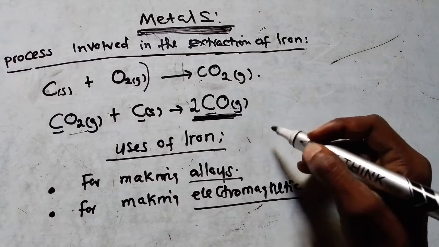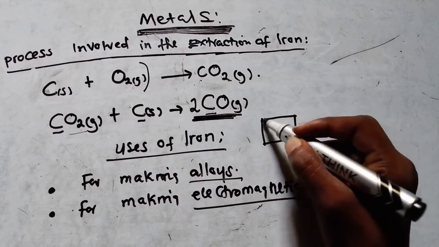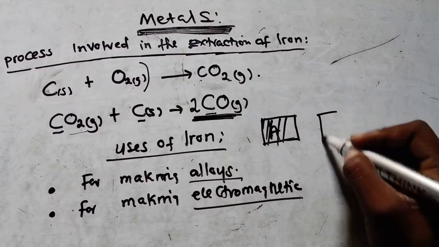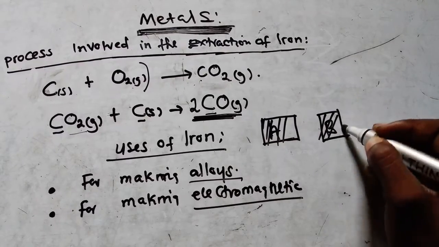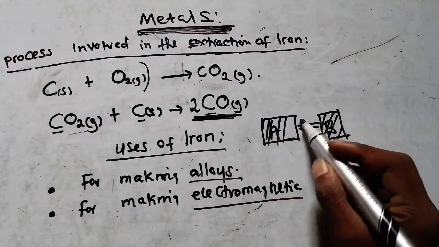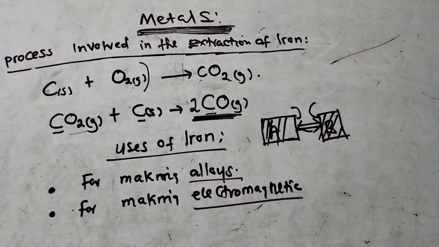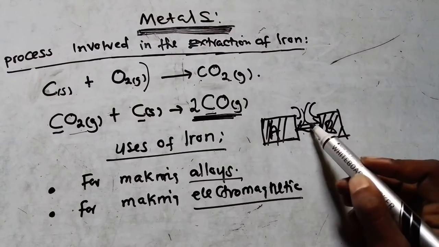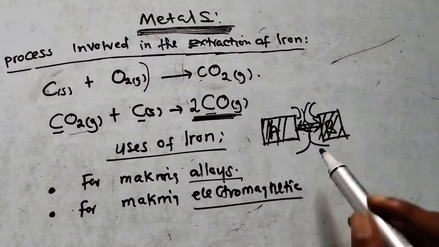Let's say, for example, here we have metal A and here we have metal B. For these metals to attract or repel, there is a magnetic field or magnetic force which makes them attract or repel.